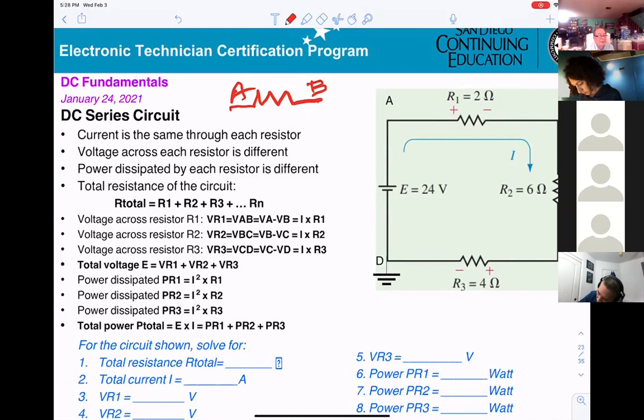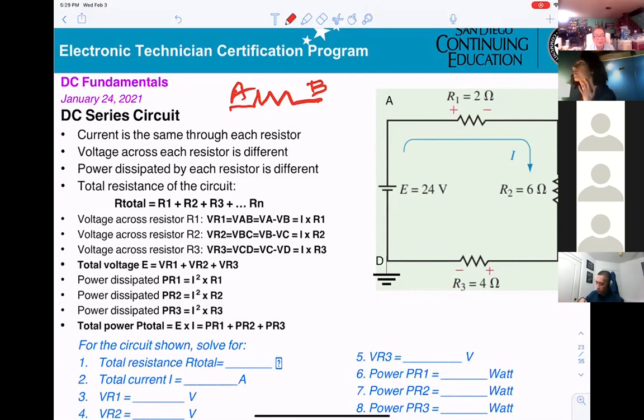Now, current is the same through each resistor. Voltage across each resistor is different. Power dissipated in each resistor is different. Total resistance: if you want to calculate the total resistance for the series circuitry, just add them up.